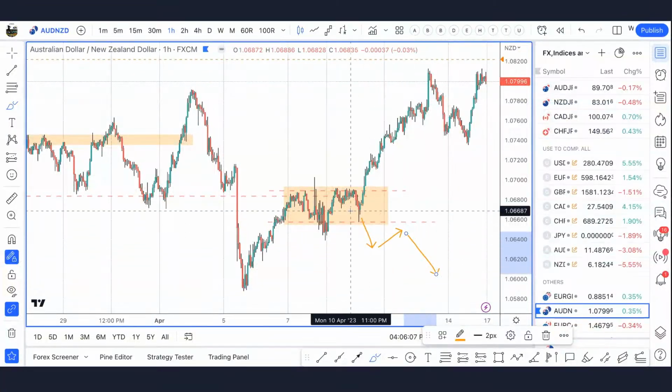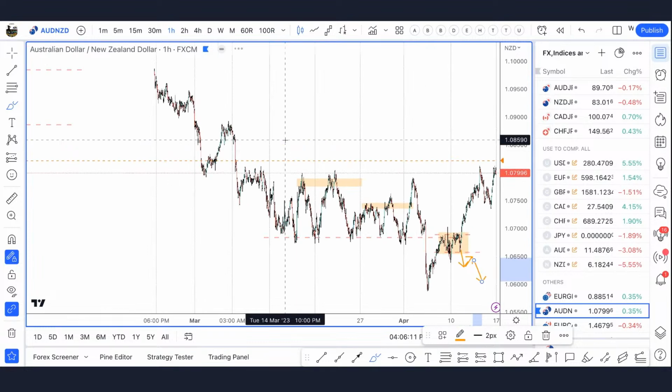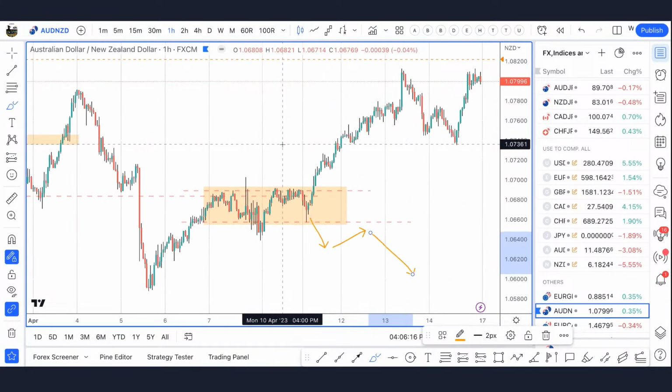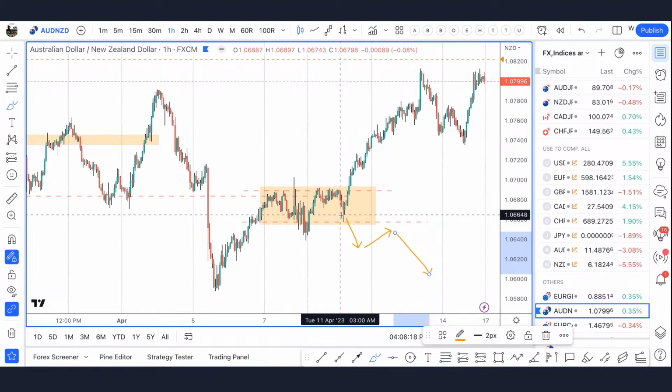So that's one way to look at it. That's one bias, if you are biased on it coming down, because the downtrend is on the higher time frame. But you also need to be mindful that it can go the other way around.